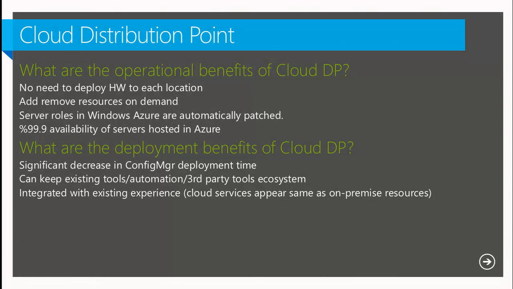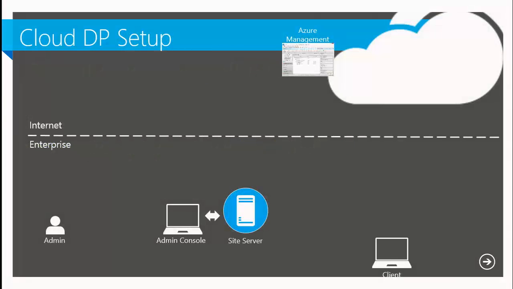And it also, once again, significantly decreases the deployment time for actually building that DP. You don't have to have a box. You don't have to position a box. You're all set and ready to go. And from the perspective of the way you're building that DP, it basically looks the same whenever you're looking at monitoring and setting up your infrastructure.